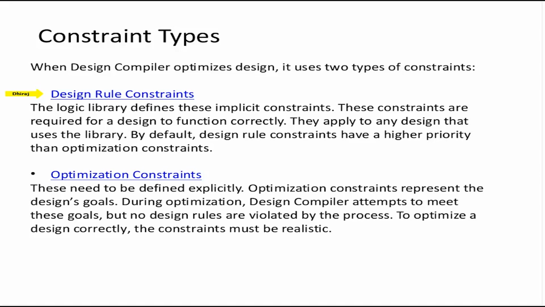Let's say you specify some area figure to DC; it might not meet area at the cost of violating the design rule constraint. It will never try to meet timing by violating the design rule constraint. First and foremost, design rule constraints should be met, then comes the performance. Since the optimization constraints represent the target area, power and speed, they should be realistic enough for DC to work on them.